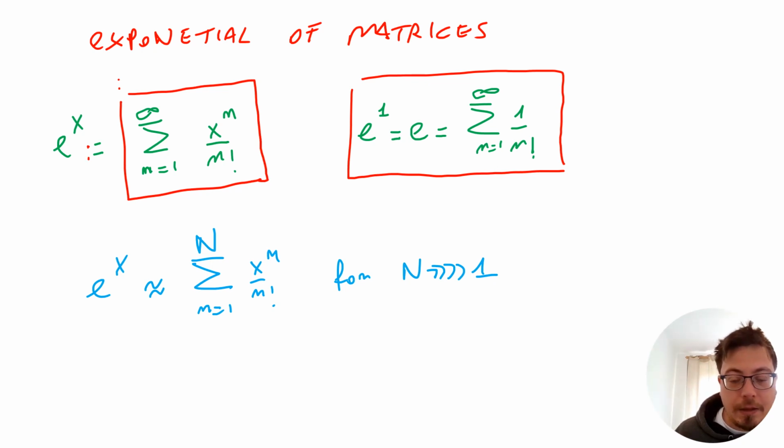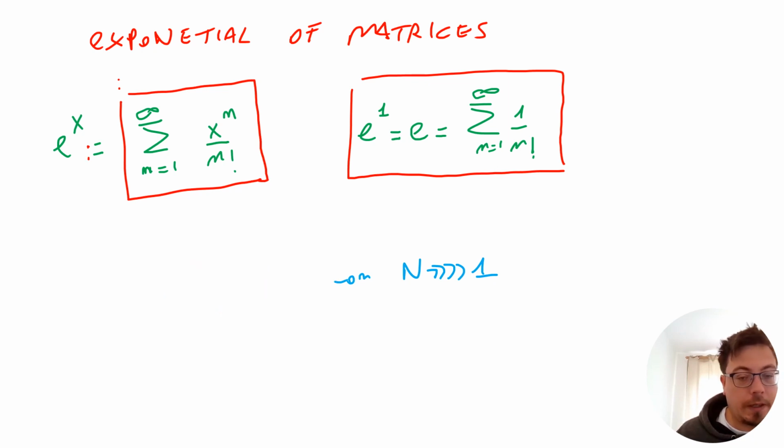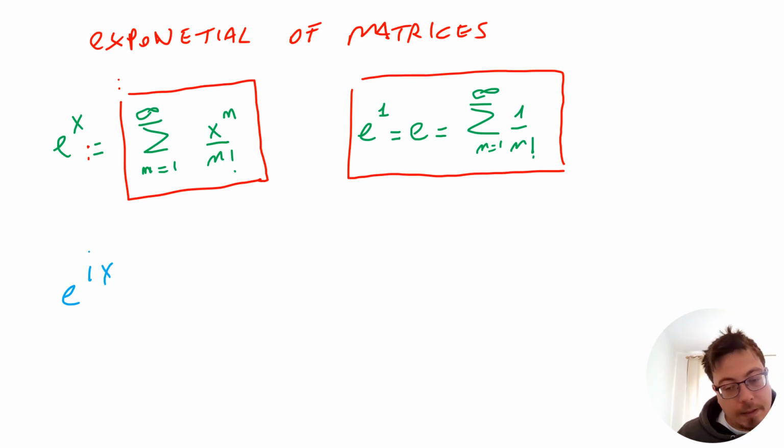So let's see if we can derive the exponential form of e to the ix instead.